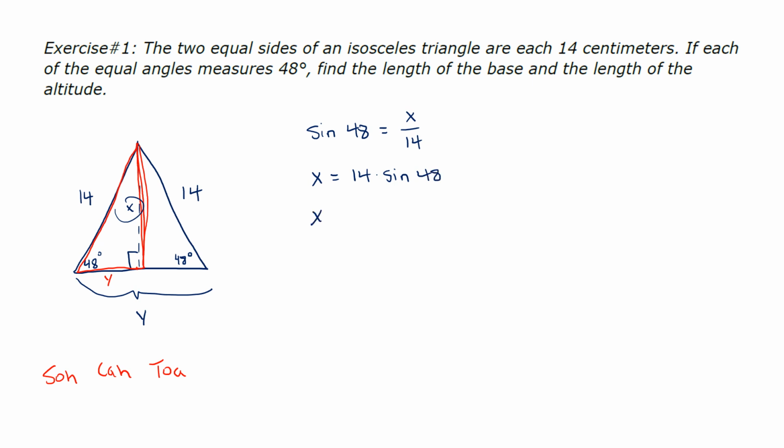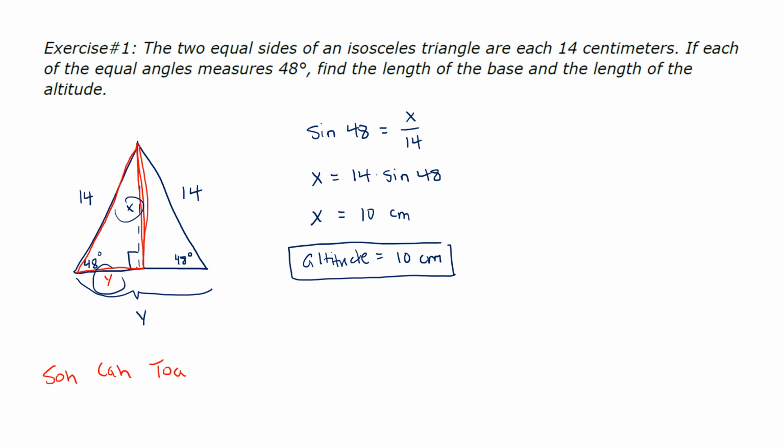When we plug this into our calculator, rounding to two significant figures, we would have 10 centimeters. Since x is the altitude, we know the altitude is 10 centimeters. Okay? So now we know x.